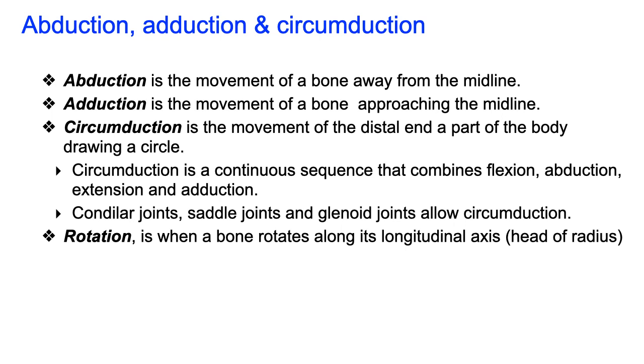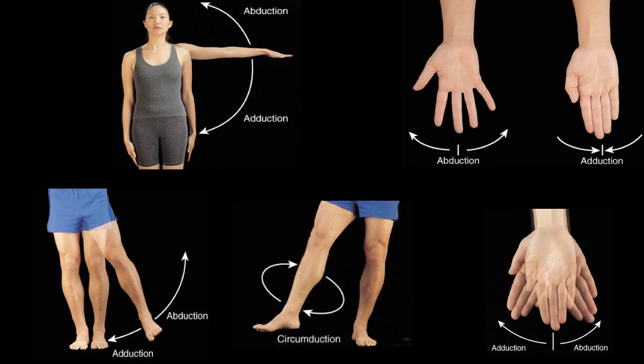We will see that as we get to those specific joints. A very particular movement is rotation along the axis of a bone. Here you have these movements.